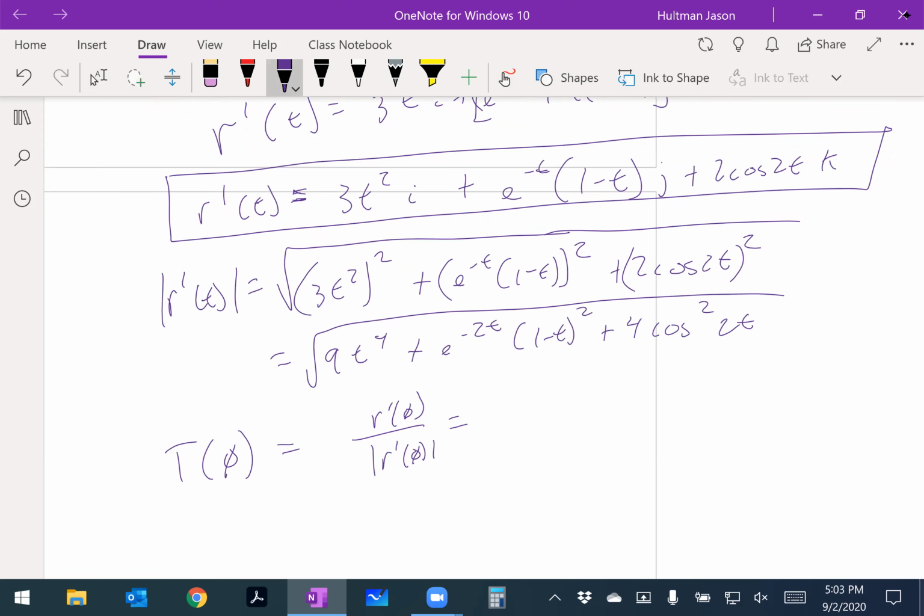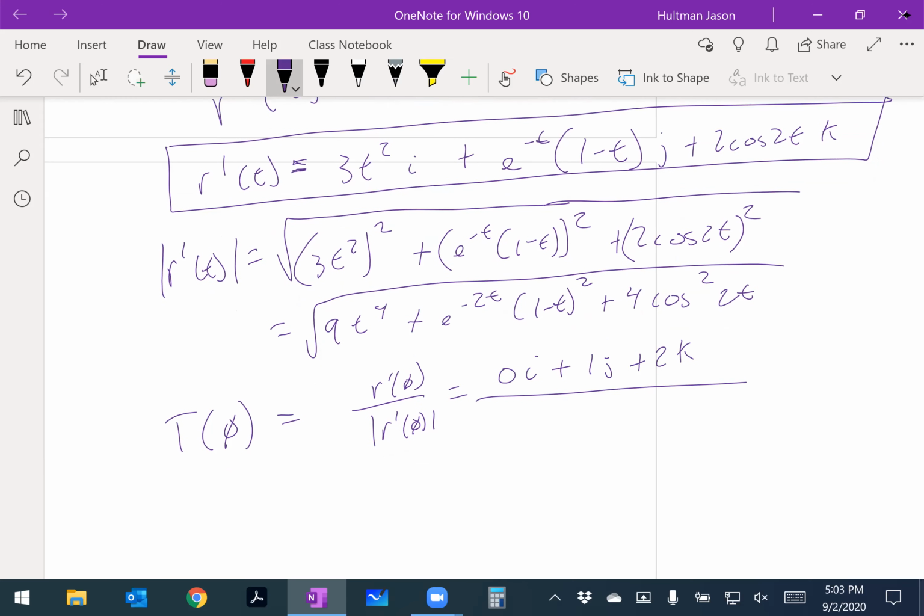We get 0i plus 1j. And then cosine of 0 is 1, and 1 times 2 is 2, so plus 2k, all over the magnitude at 0.